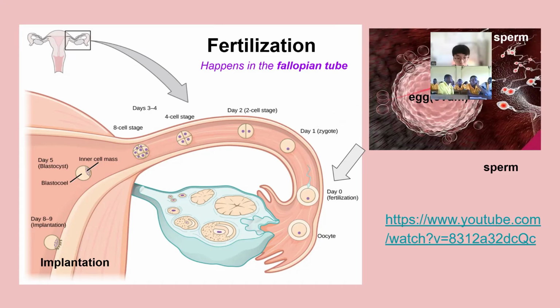So first, in the beginning of the cycle where ovulation occurs, or the egg is produced, it takes a while for the egg to travel down. And during that time, when the sperm meets the egg, fertilization occurs and it forms a zygote.